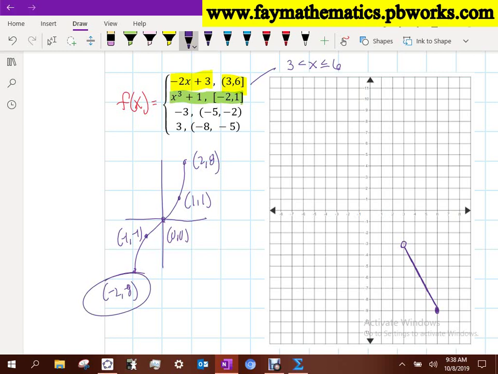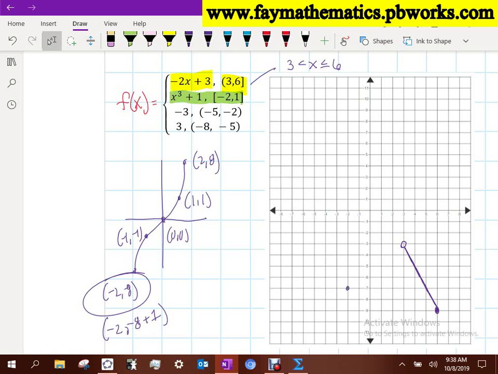For x cubed plus 1, the x value is -2, and the y value would be -8 plus the 1. Does that make sense? That's the behavior of that plus 1 right there. It's going to add 1 to your y. So what's that going to give me? -2 comma -7. Open dot or closed dot?